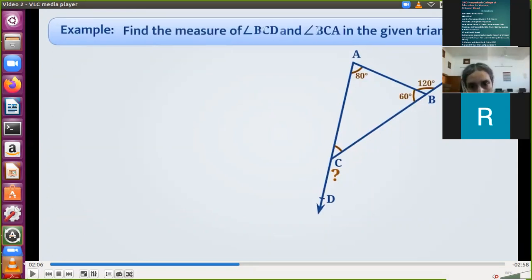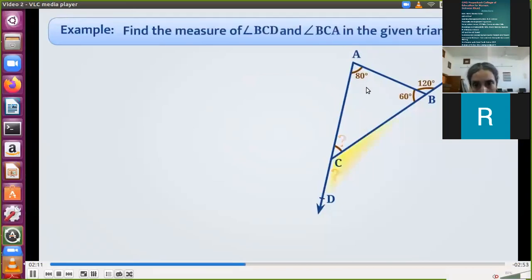What type of angle it is? Unmute yourself. What type of angle is angle BCD? Okay, no problem. You all are seeing it very clearly that angle BCD is the exterior angle to the triangle ABC.